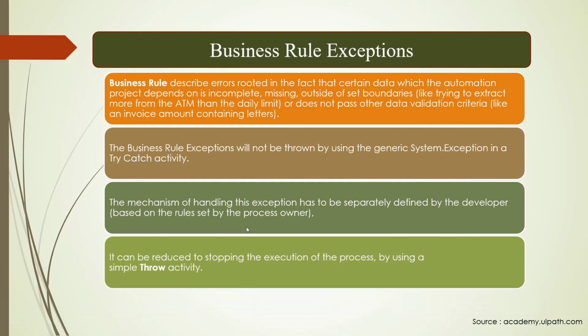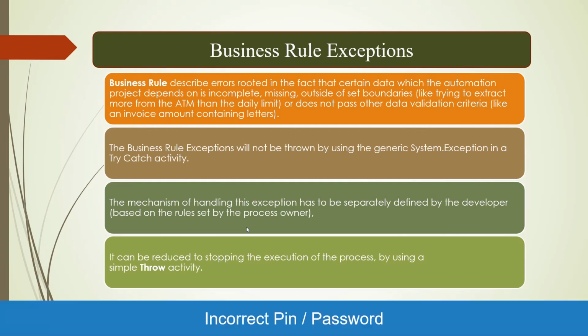It does not happen that you put an amount of 1 lakh and the system crashes. It gives you a meaningful message, which, as a user, you are able to understand and continue further. The next example: you go to an ATM and enter a wrong PIN. As soon as you enter a wrong PIN, the ATM shows that the entered PIN is incorrect.